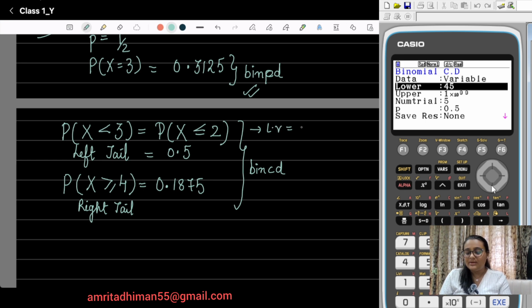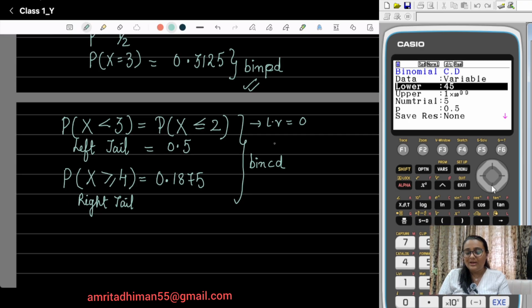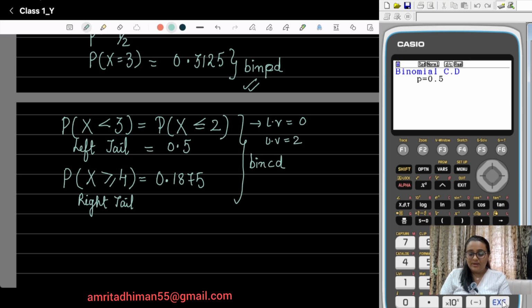The lower value will be 0, because it is possible that you get no success. So the lower value is 0 and the upper value is 2. See, you are getting the same answer, right?